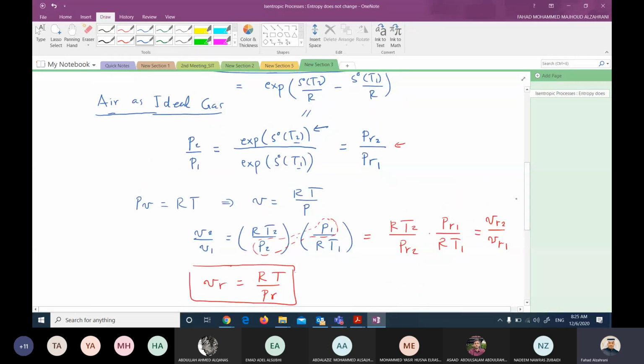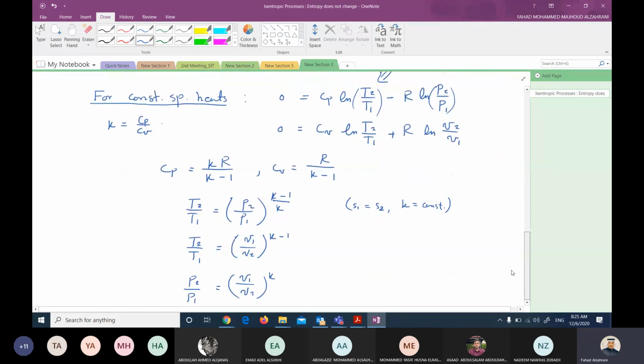And from the ideal gas tables, for air, I can use what we call PR and VR, which are defined like this. Okay, so we can use the tables to evaluate properties. Also for a constant specific heat and isentropic process, I can use these relations.